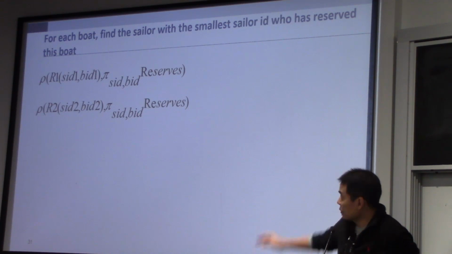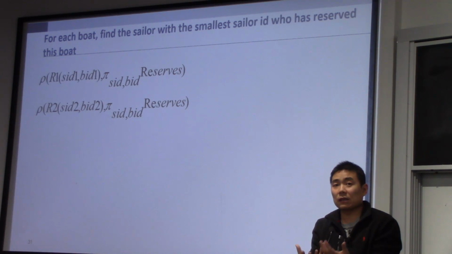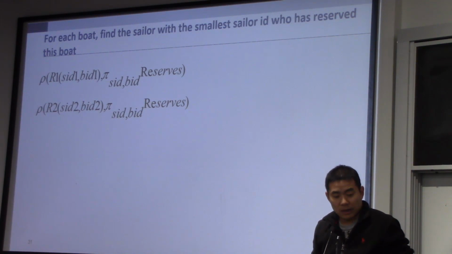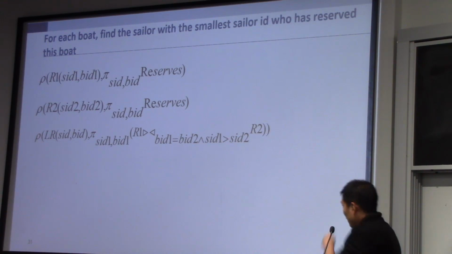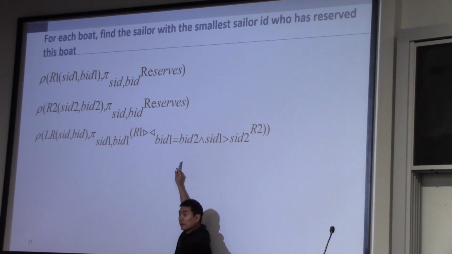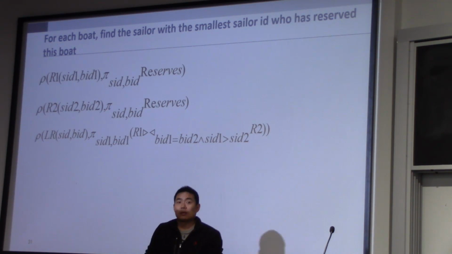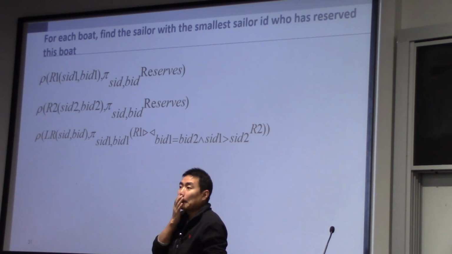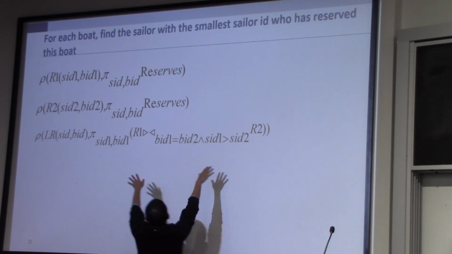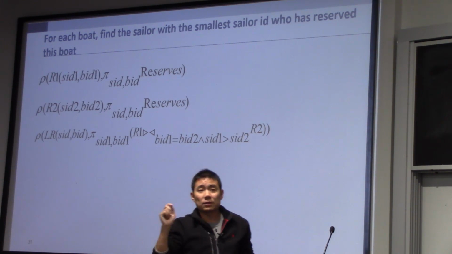And then you do a self-join between R1 and R2. Why do I call that a self-join? Because they are essentially the same instance. It's just two identical copies. I join them, and my join condition is boat ID equal to boat ID, and sailor ID 1 greater than sailor ID 2. So essentially, from the cross product, remember, this is a theta join, a condition join, right?